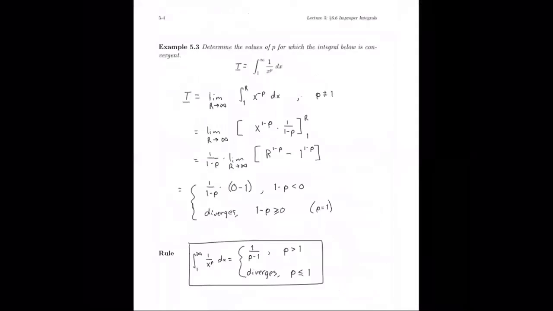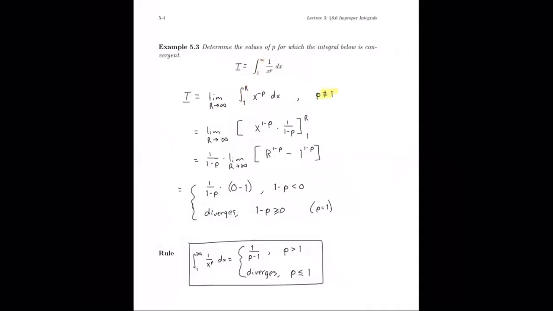So if we let I be our integral, we swap out positive infinity for r and take the limit as r goes to infinity. Notice we're doing the positive version now. Essentially the same thing is true for the positive as for the negative. We're just seeing it here from the positive half. And we've got x to the negative p dx for p not equal to 1.